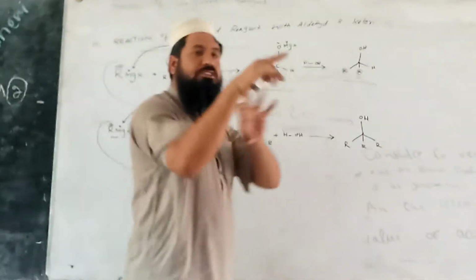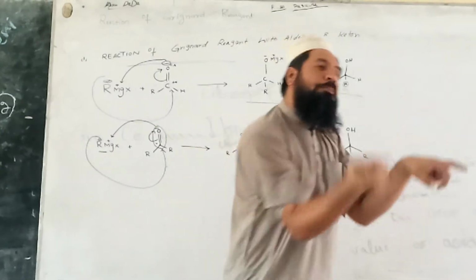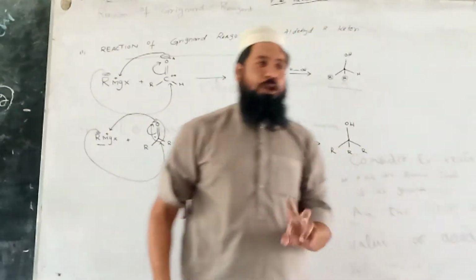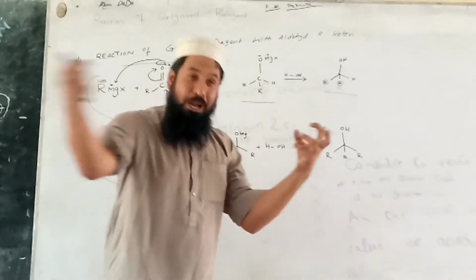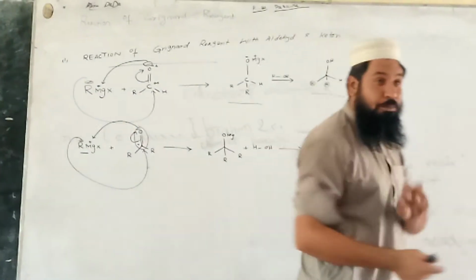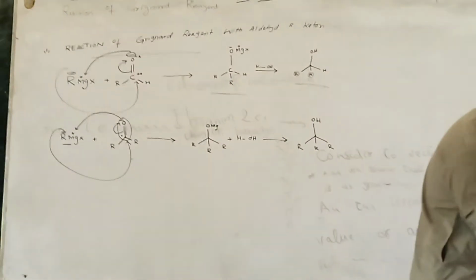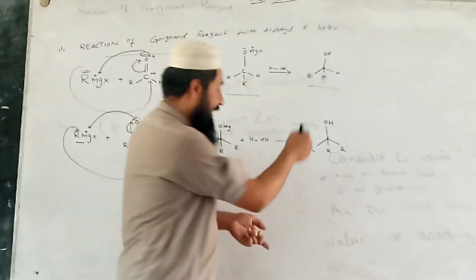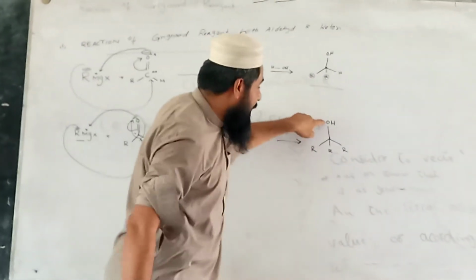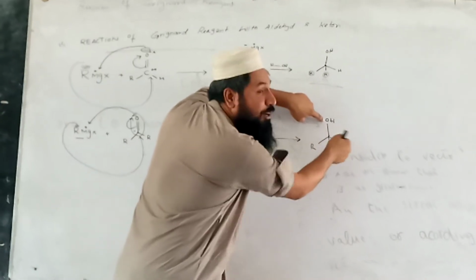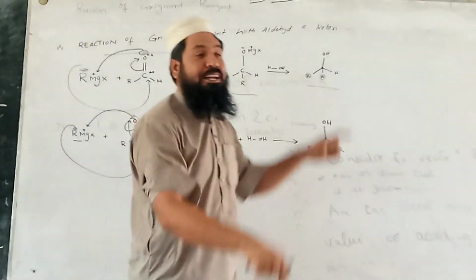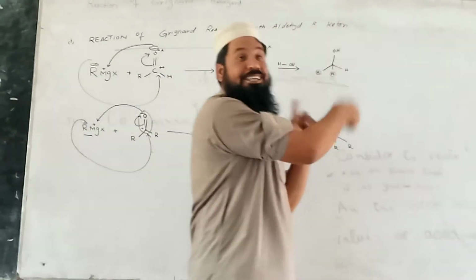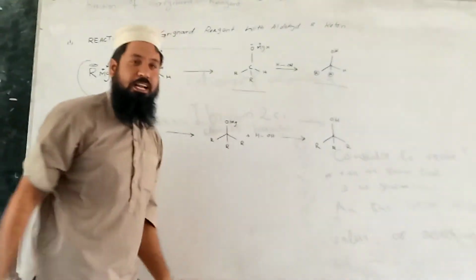When the hydroxyl group is directly linked to the primary carbon, primary alcohol. When the OH group is directly linked with the secondary carbon, secondary alcohol. And when, like in this case, the hydroxyl group is directly linked with a tertiary carbon, that is the reason we call it tertiary alcohol.